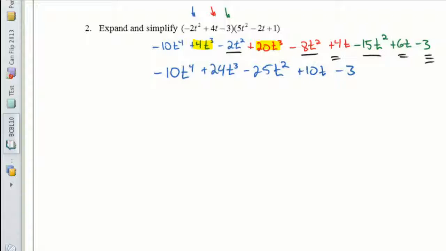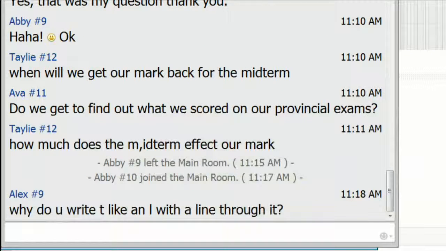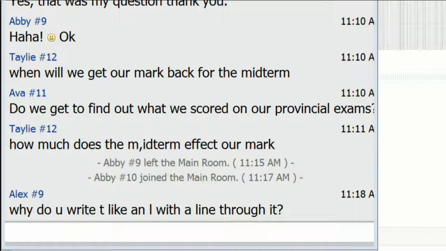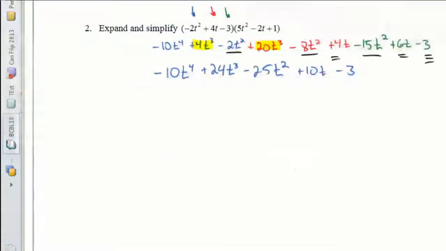So, why do I write a T with a line through it? It's a good question, Alex. It's kind of a math habit. When I just write the letter T, like I wrote "light," I write it like that. There's my T. But when I'm doing math, if I had T plus 7T minus 3 plus T, all of a sudden my T's and my plus signs look the same.